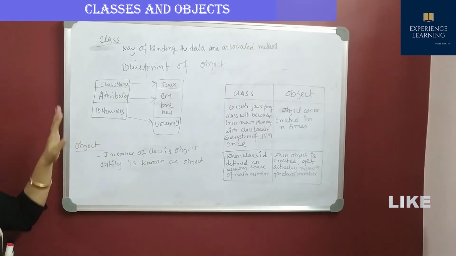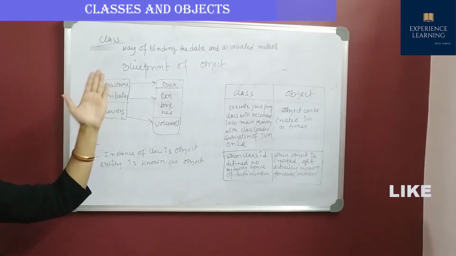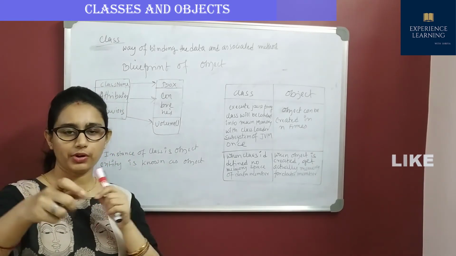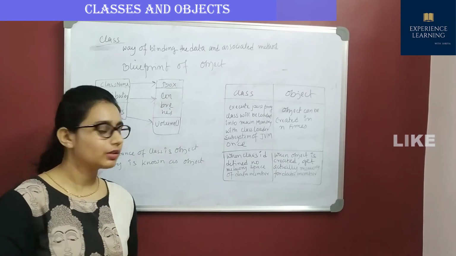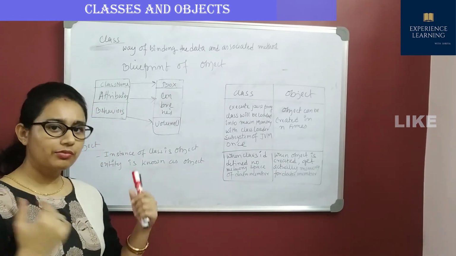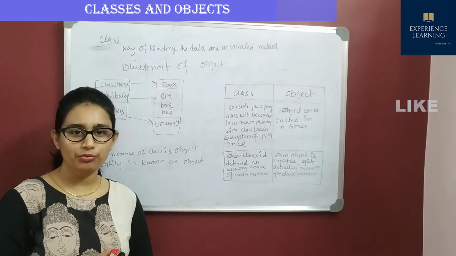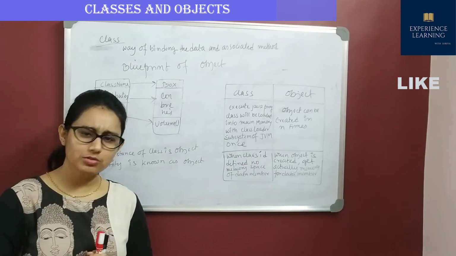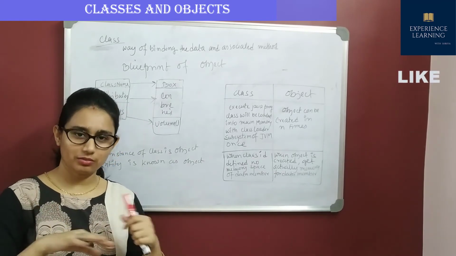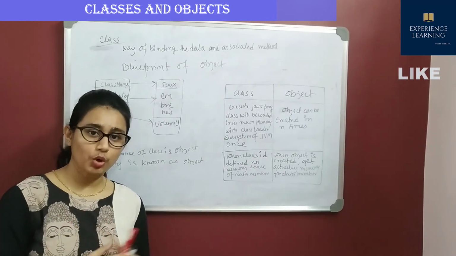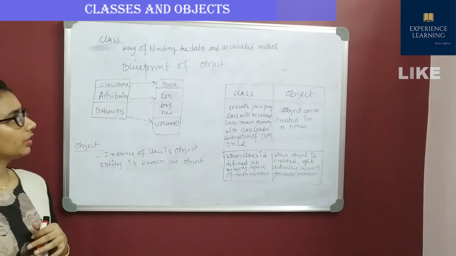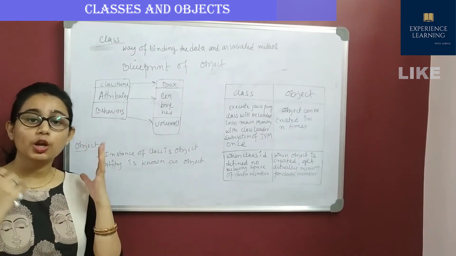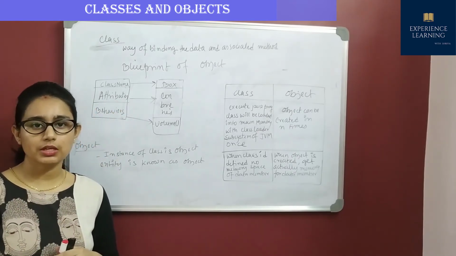For example, if I say box, you know the concept: it has a length, breadth, height, maybe a color, and a behavior, obviously the volume of it, and the texture outside of the box. Is it solid or not? All this is the class, the concept, the logical one. This one is known as class.